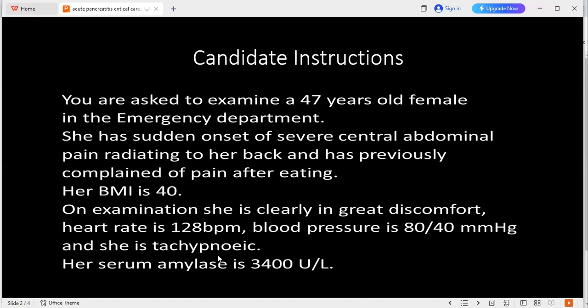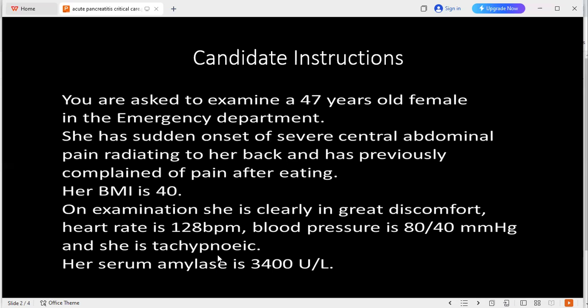What do you understand by the term WHO pain ladder? The WHO step ladder for analgesia. First step, paracetamol or non-steroidals like ibuprofen.